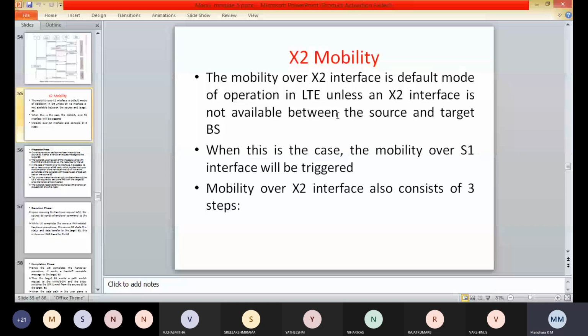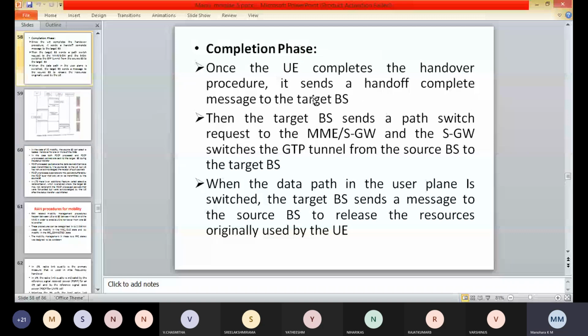The phases are the same: preparation, execution, as well as completion phase. Everyone please make a note of this figure, mobility management over the X2 interface.